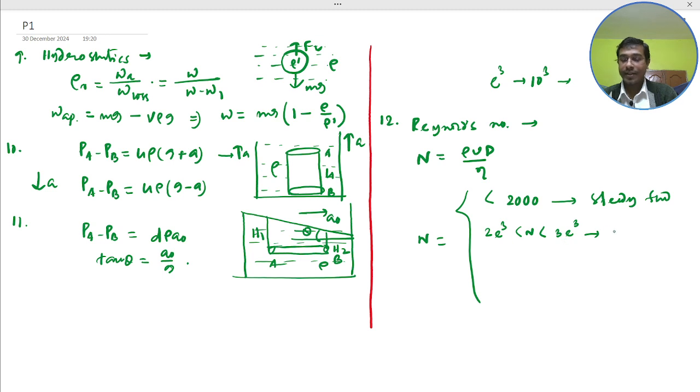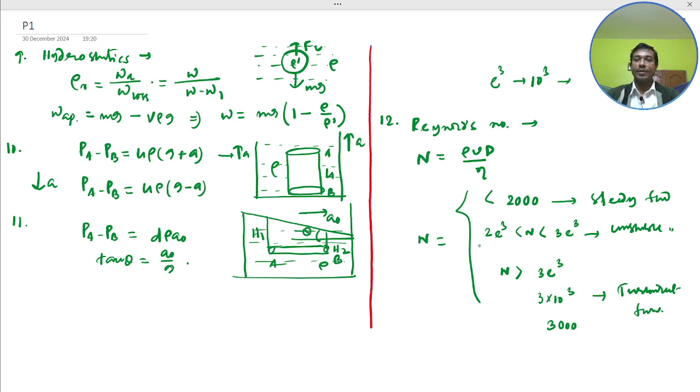So this is the unstable flow. Next one, N greater than 3 e to the power 3, that means 3 into 10 to the power 3, basically 3000. This is for the turbulent flow. I write the Python script e to the power 3 for shortening this line.